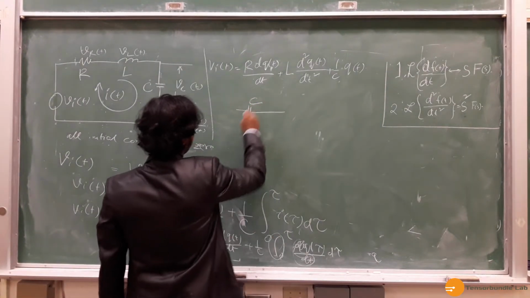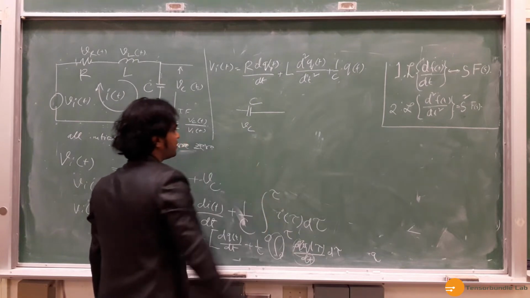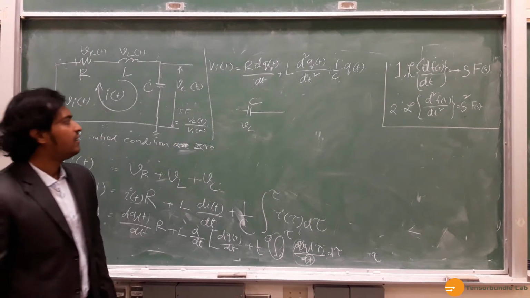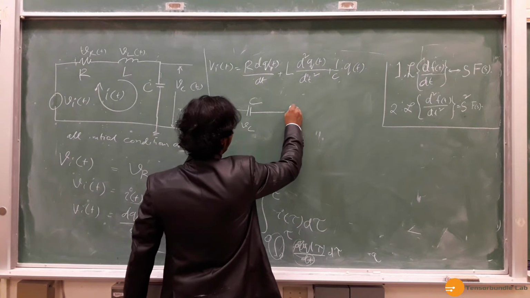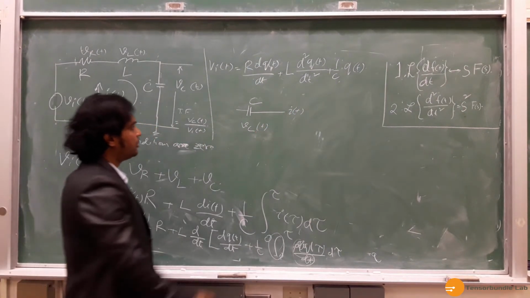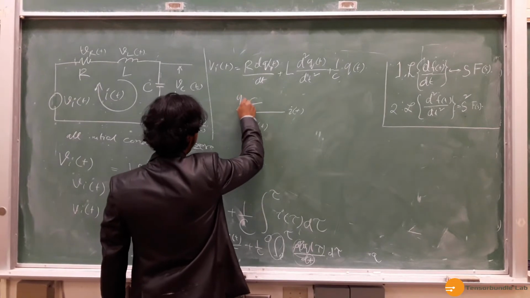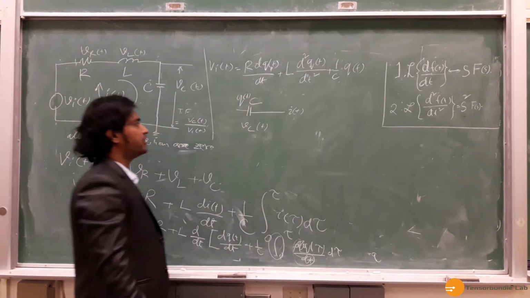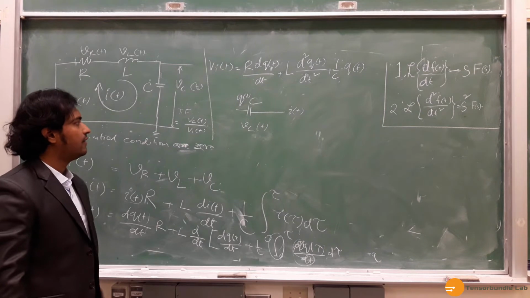Imagine we have a capacitor C, the voltage across the capacitor is v of c, and the current is I of t. The charge of this capacitor is Q, which is also a function of time.